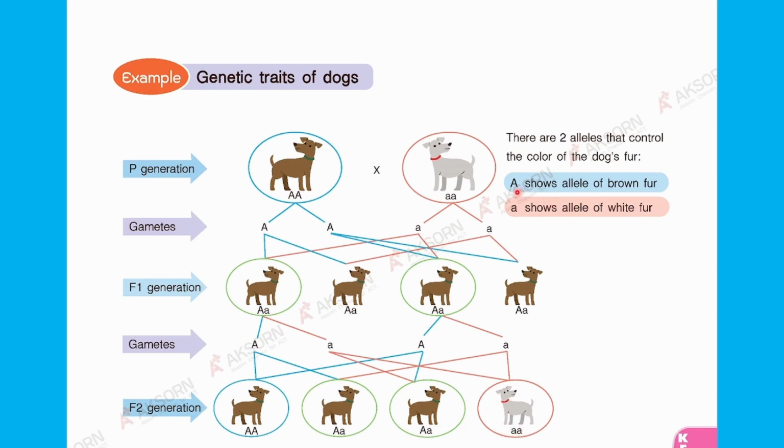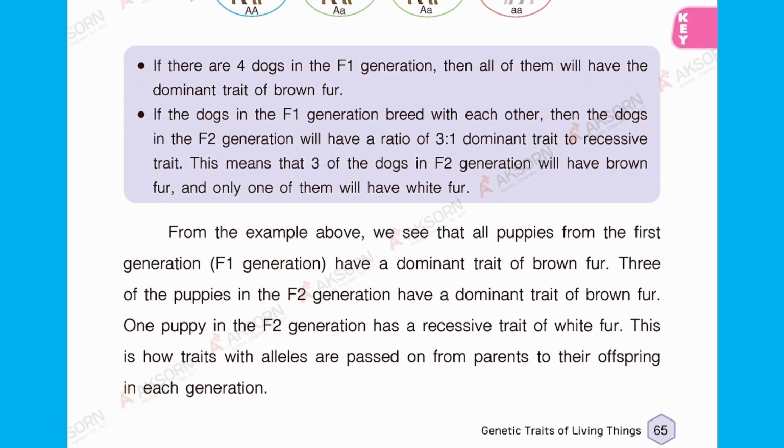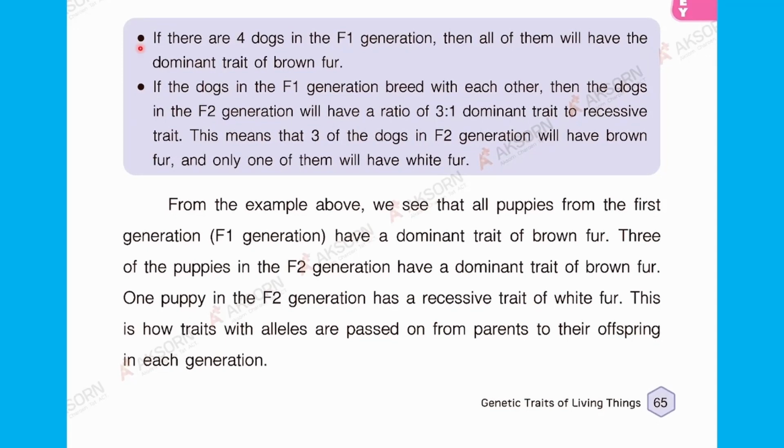If we look here, capital A shows the allele of brown fur. The lowercase a shows the allele of white fur. If there are 4 dogs in the F1 generation, then all of them will have the dominant trait of brown fur.